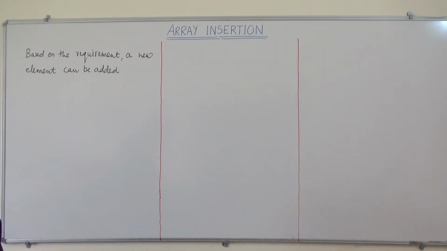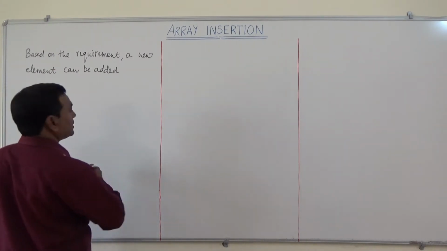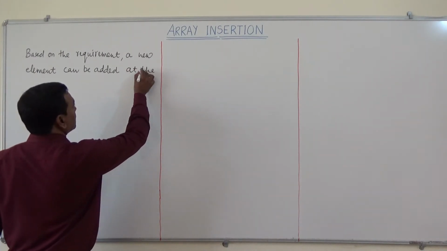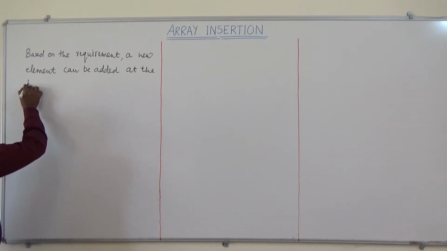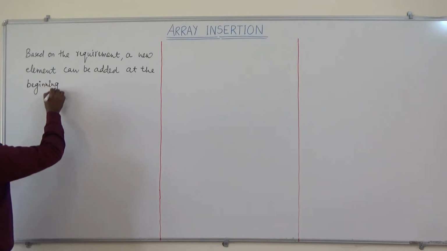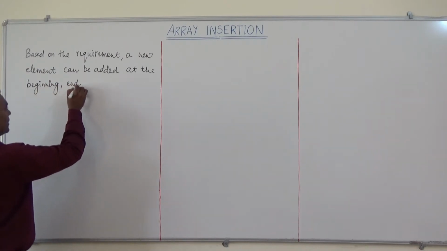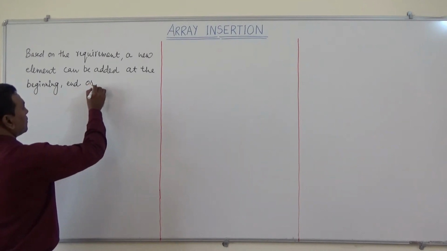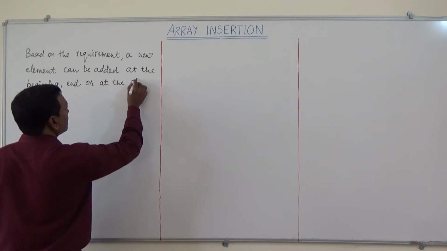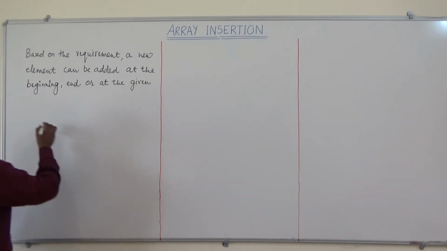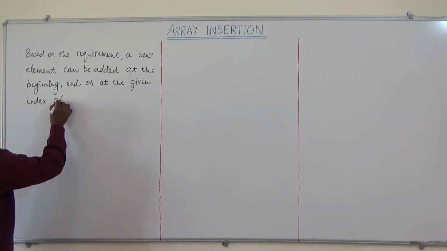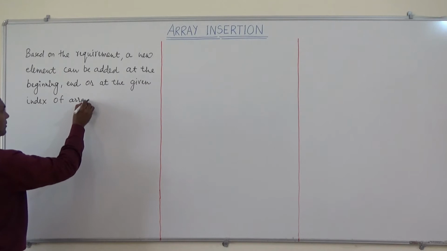It can be added at 3 positions: at the beginning, or at the end, or at a given index of the array.